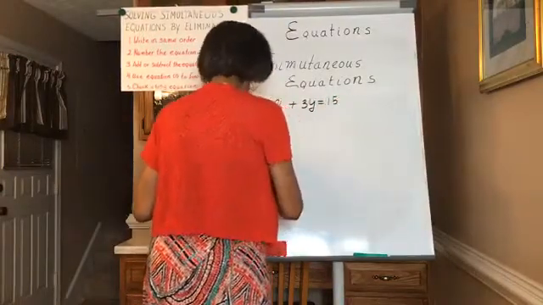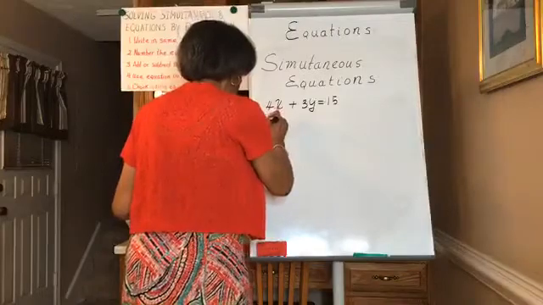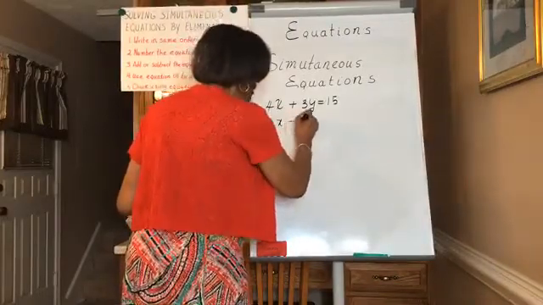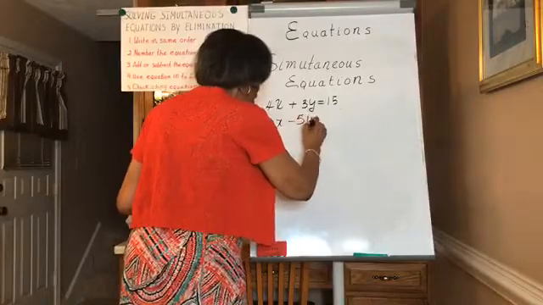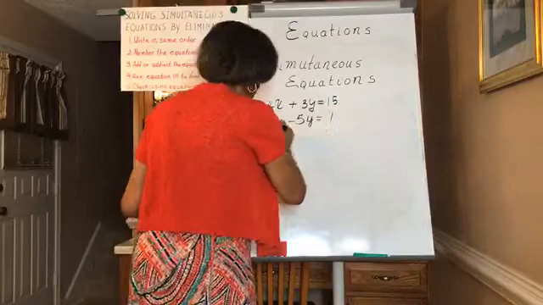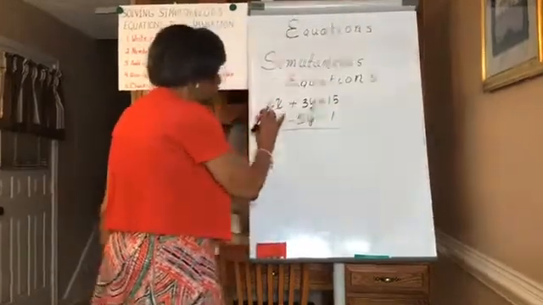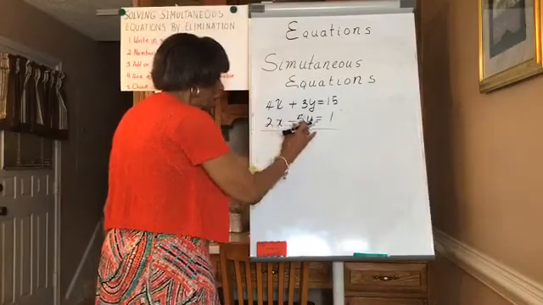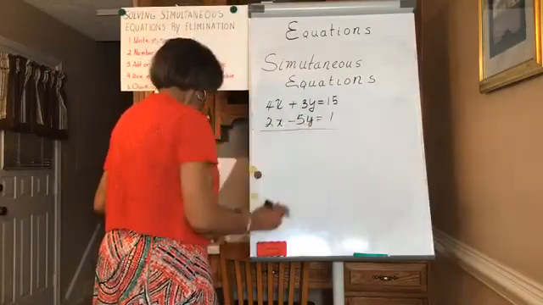Let me make sure I'm writing it correctly. And 2x minus 5y equals 1. 4x plus 3y equals 15, and 2x minus 5y equals 1.